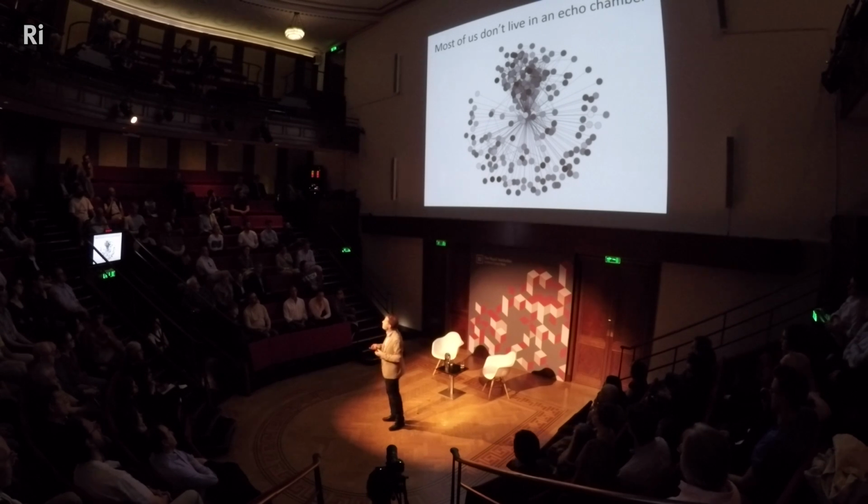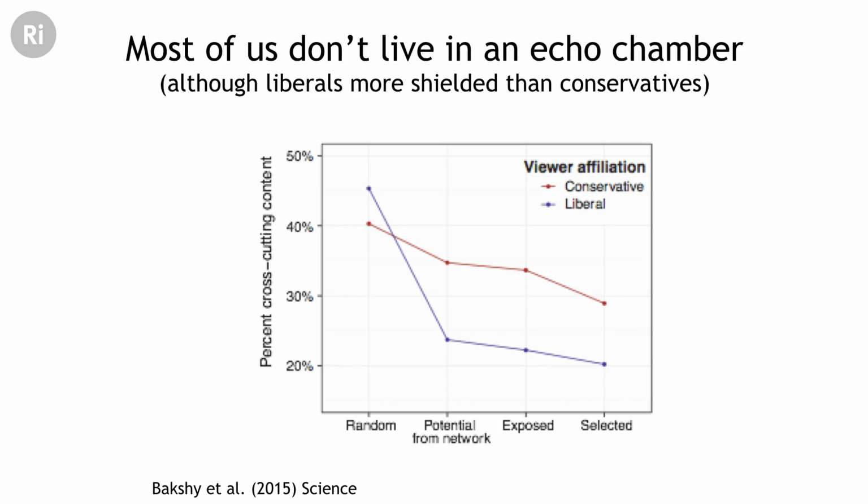So most of us really don't live in an echo chamber. In fact, Facebook were very quick out to do research on this. I mean, you can or you can't trust Facebook's research, but it was published in the best scientific journal in the world, Science. And what they showed is that people tend to be exposed to, these are conservative people, so Republicans.